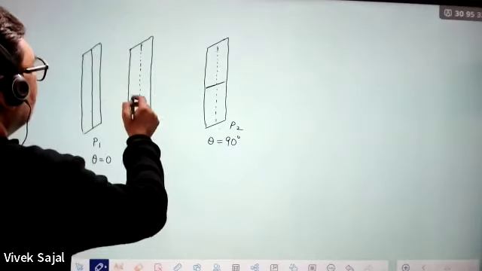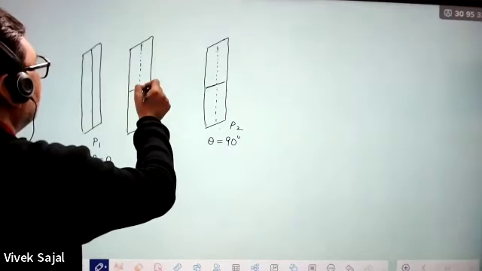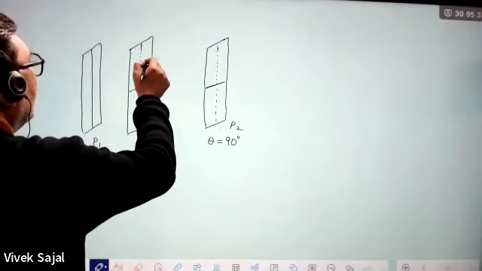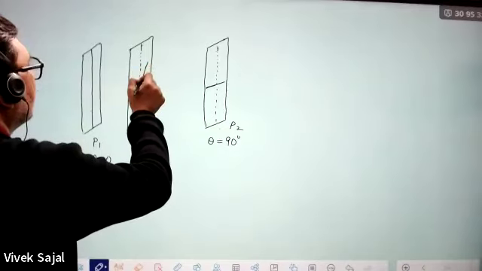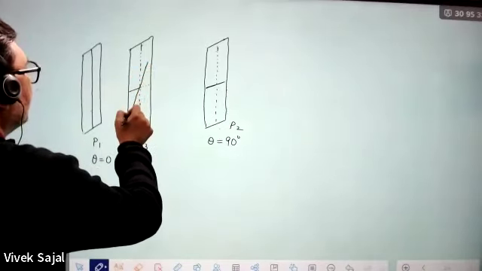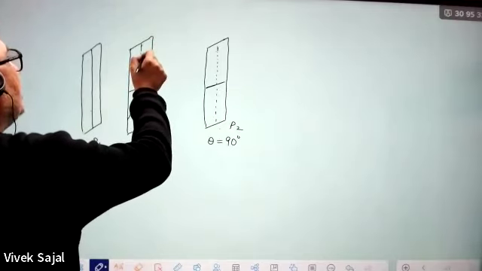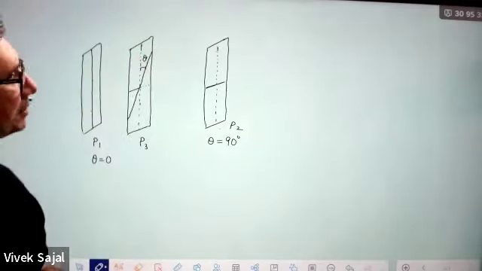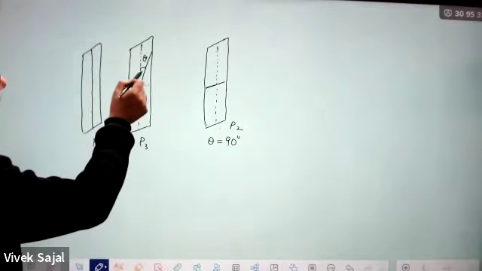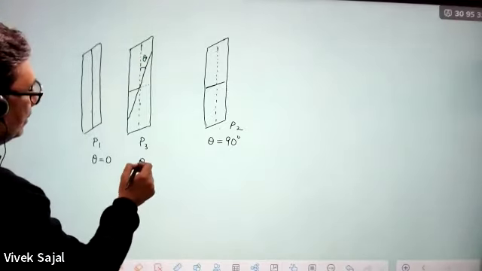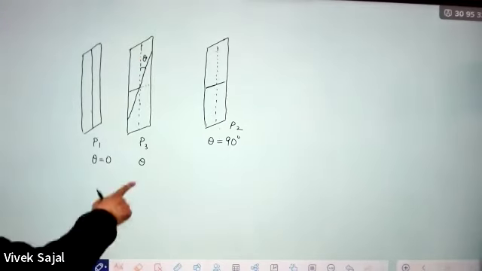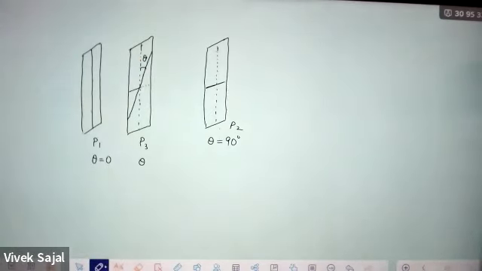Its pass axis is somewhere else, not this one. Suppose it is like this. It is making angle theta with this. Here this is 0, so this angle will be theta. So this pass axis is at an angle theta.